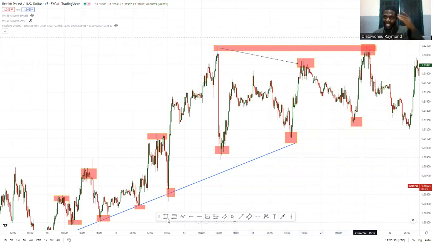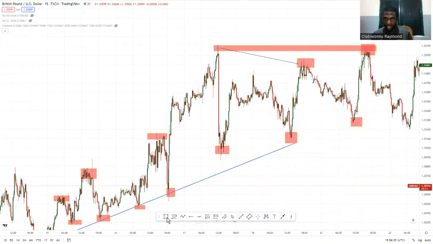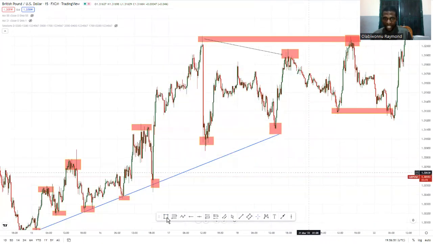See what happened here. This low here was broken. That was what I was explaining yesterday. So this market created a what?